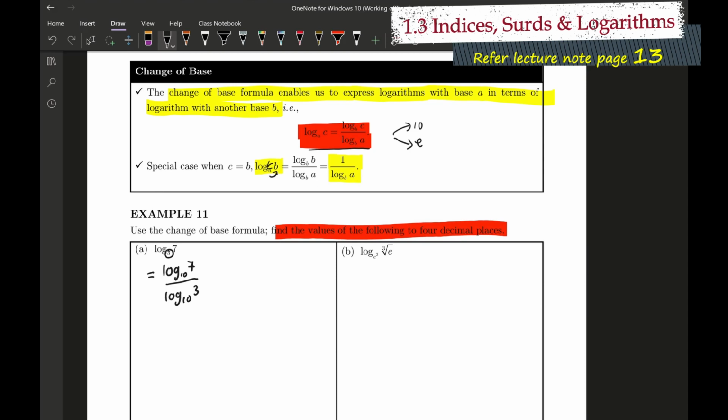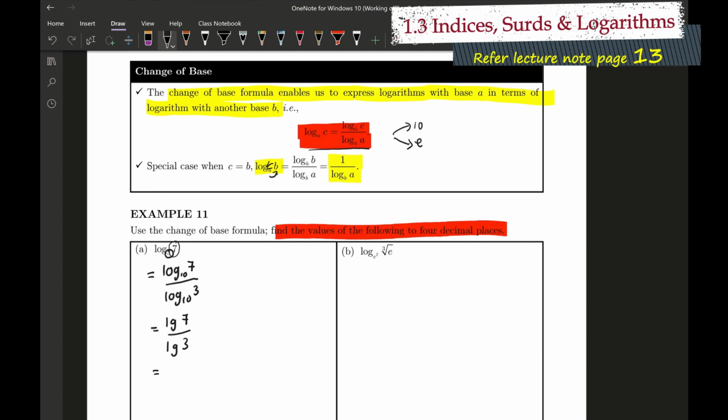The one at the top will go to the numerator, and the one below will go to the denominator. Okay, please don't get confused. So here you can write it either like this also can.